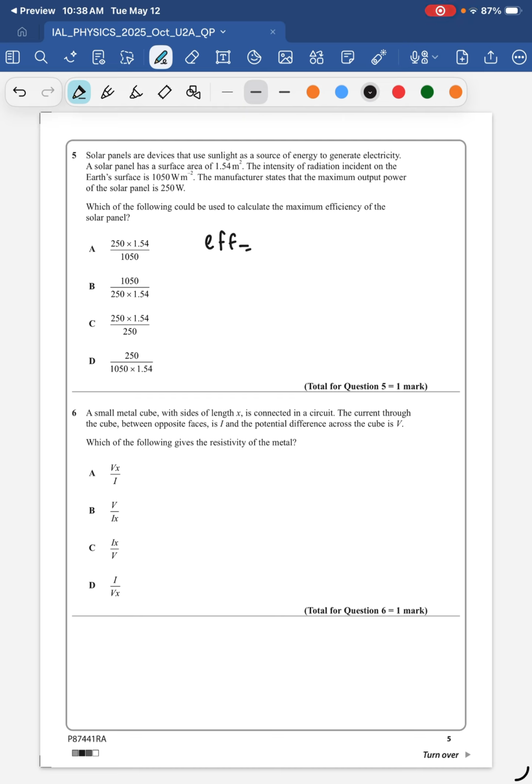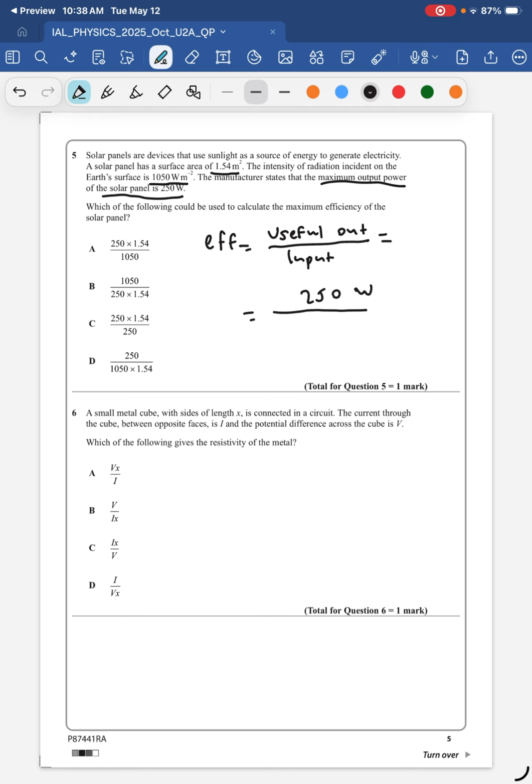So if we write efficiency as useful output over input, we can immediately read the information given as follows. 250 watts is the maximum output power, so that's our useful output. And then what's the input? We have a surface area of 1.54 square meters, and the intensity of radiation is 1050 watts per square meter.